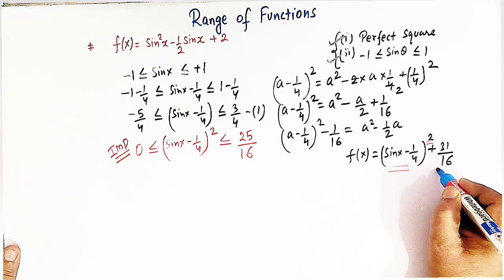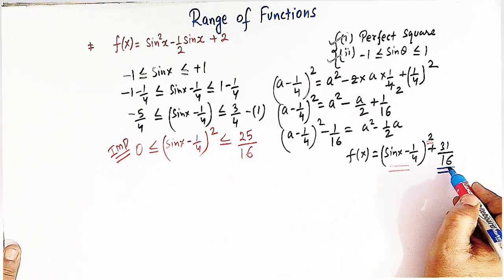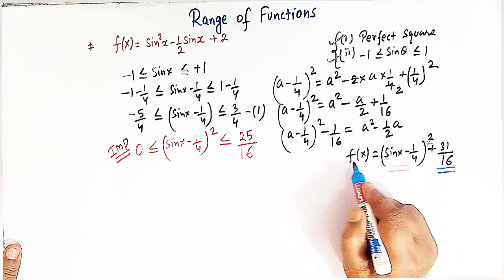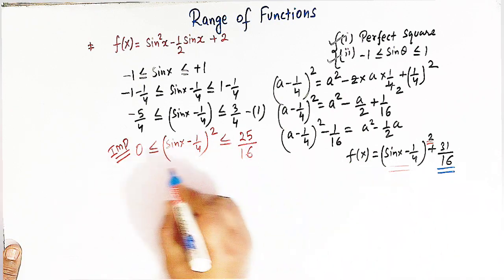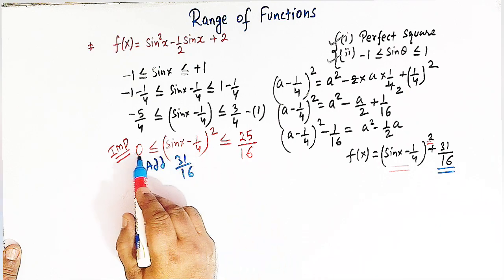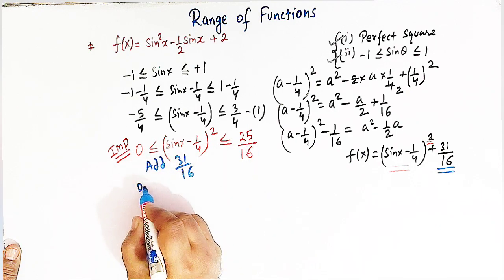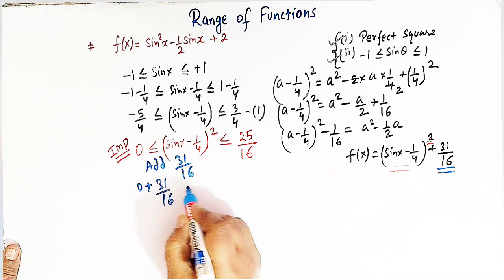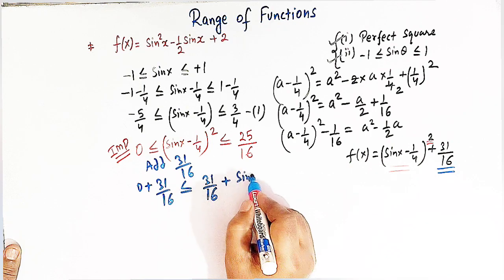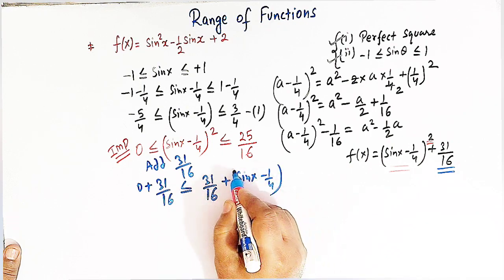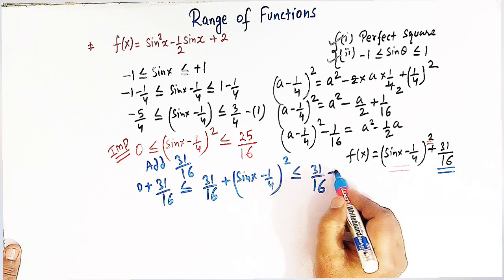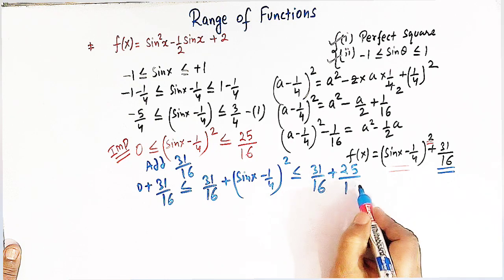Now here we have 31 over 16. To create the complete function, that is f of x, we add 31 over 16 throughout this inequality. So we have 0 plus 31 over 16, then 31 over 16 plus sine x minus 1 over 4 square, and here 31 over 16 plus 25 over 16.